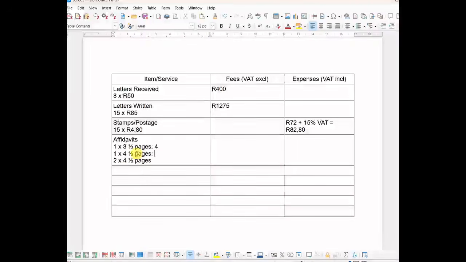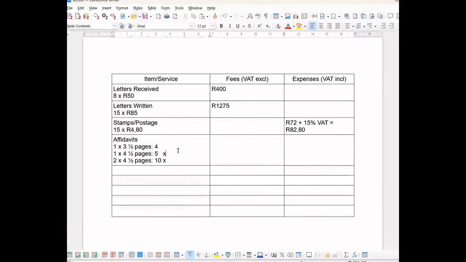This one is 4.5 pages. So we know we're doing at least 4 pages, and then it's also part thereof, and there's another page. So that becomes 5. The same we did here is there's 4 pages and half a page, so it's 4 plus this page makes 5. But now remember there were 2 of these, so 5 times 2 makes 10.